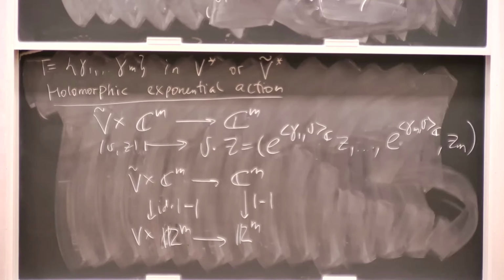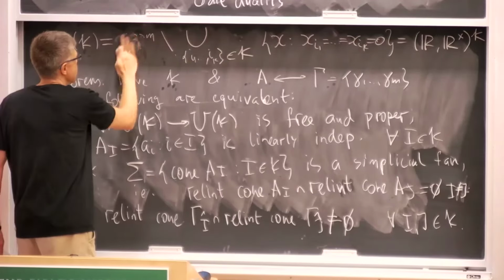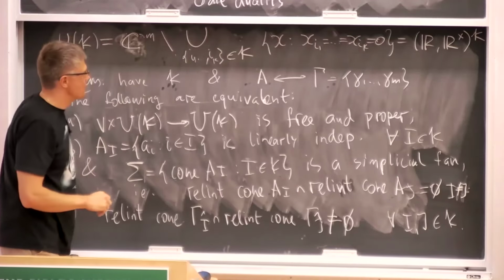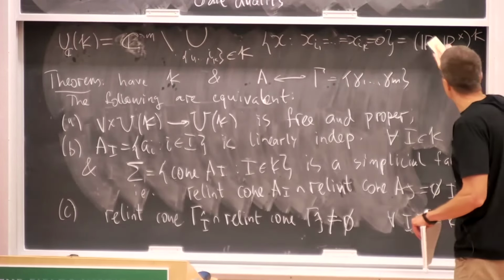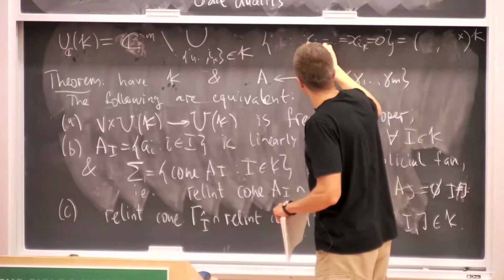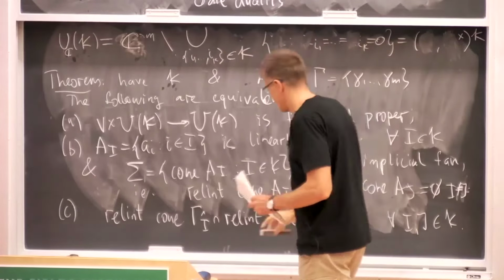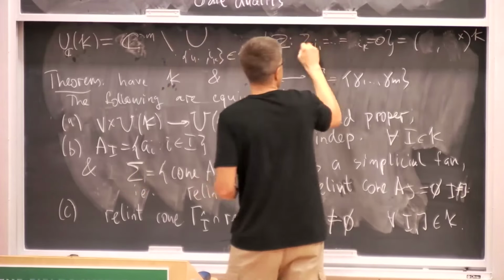I'll just change something here in order not to write it again. That's fairly easy. So now you look at the complex coordinate subspace arrangement, which is a complement in a complex space.